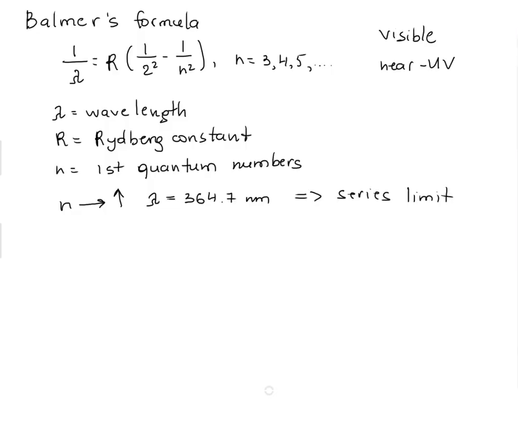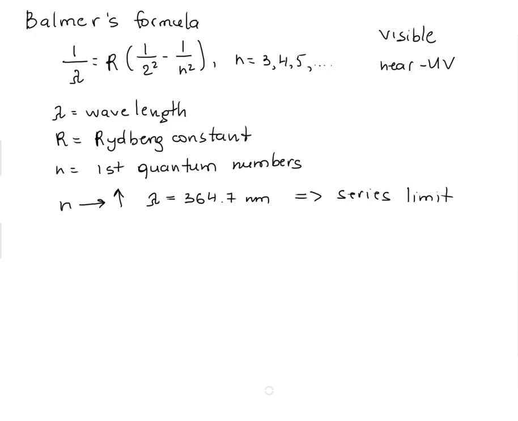When they did this experiment, they saw additional collections of lines observed in the ultraviolet and infrared regions. So, to account for all of them, Balmer's formula needed to be generalized, or modified.